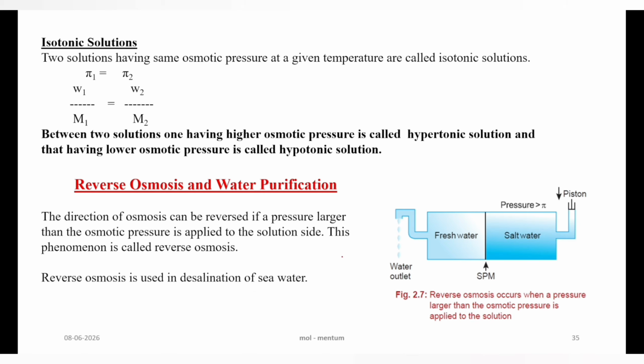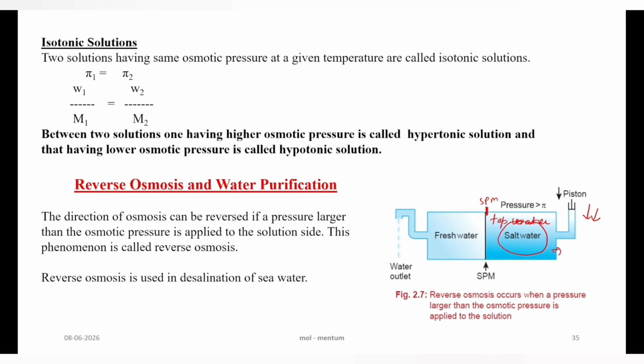Now just look at this setup. This is salt water, or you can say tap water, the normal water that we get. If the pressure on this side is so high, this line is the SPM, the semipermeable membrane, and it will not allow flow of solute.